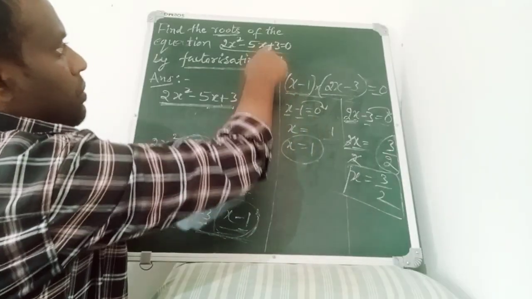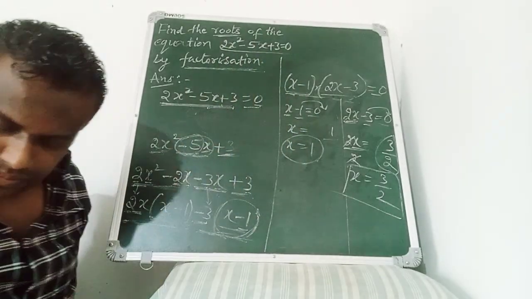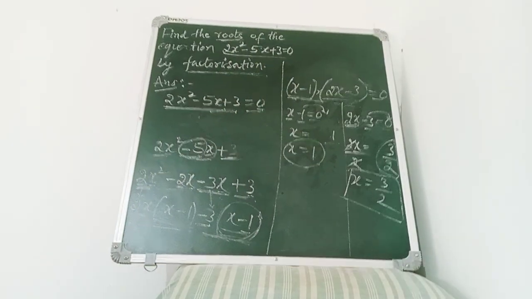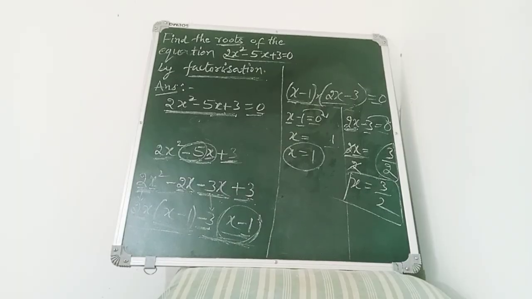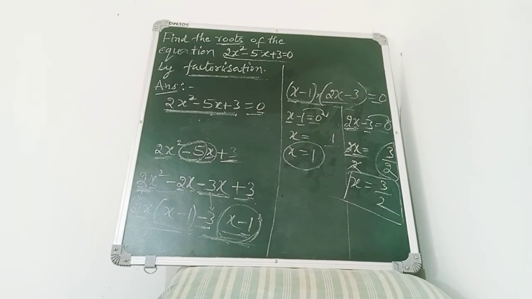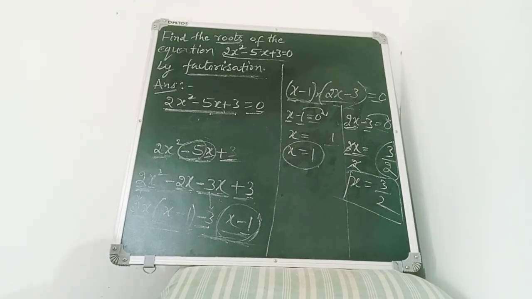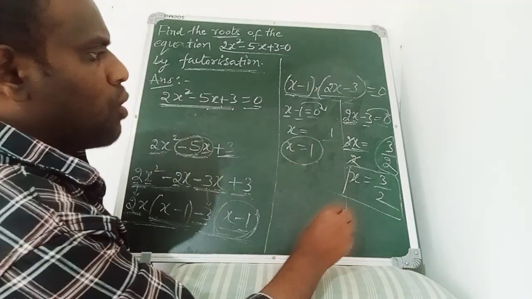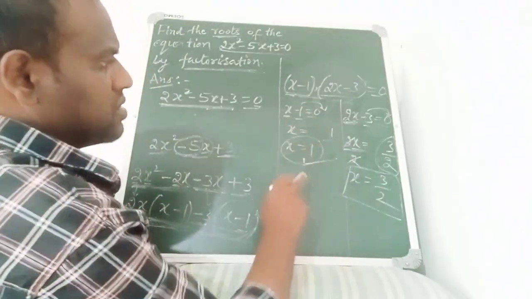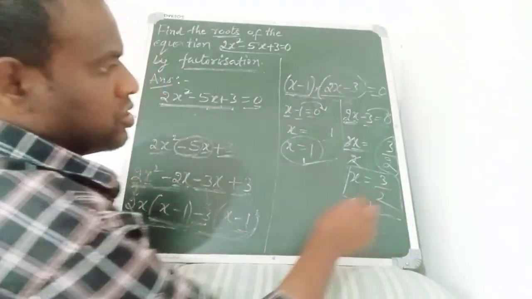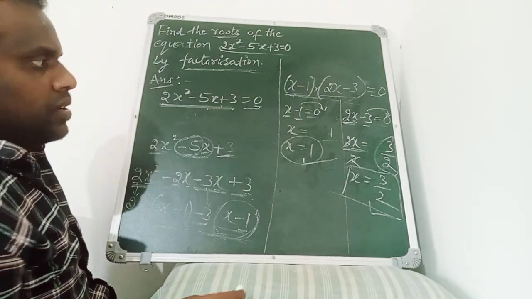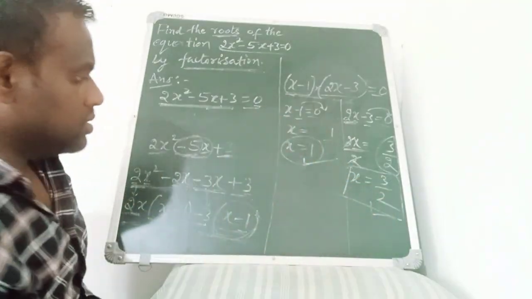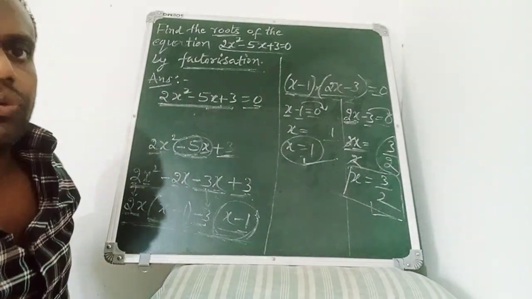These are the roots of the given equation. Just one second. Yes, we solved it correctly. These are the correct answers: x is equal to 1, x is equal to 3 by 2.